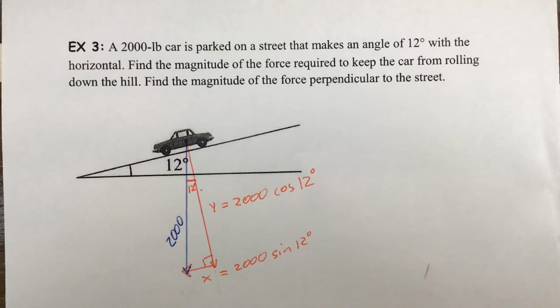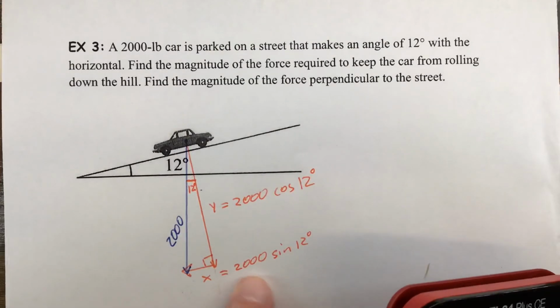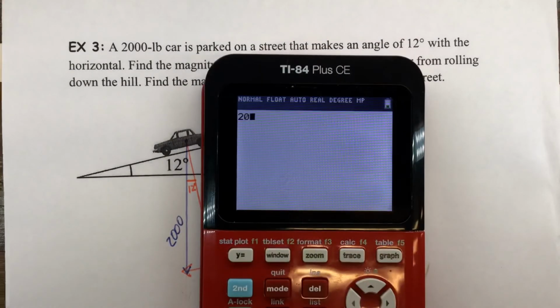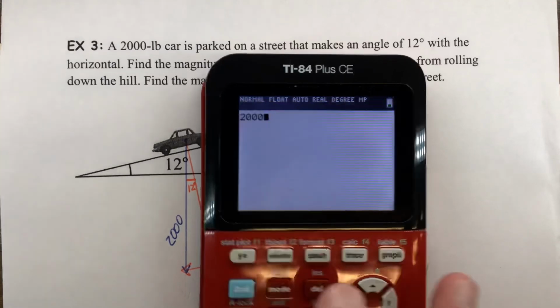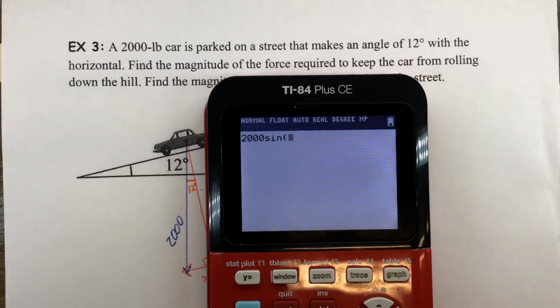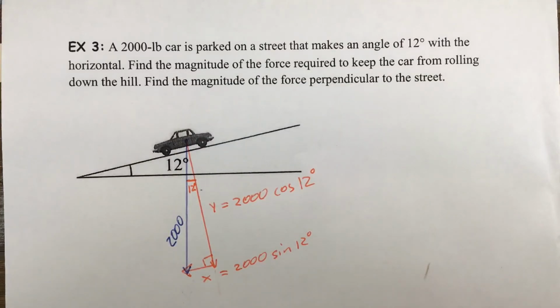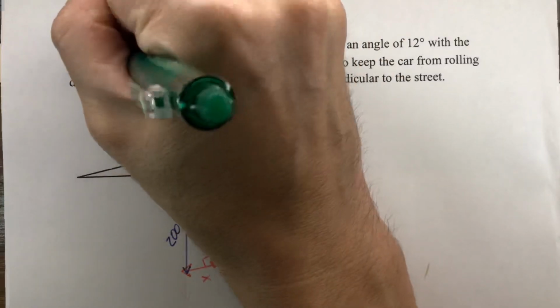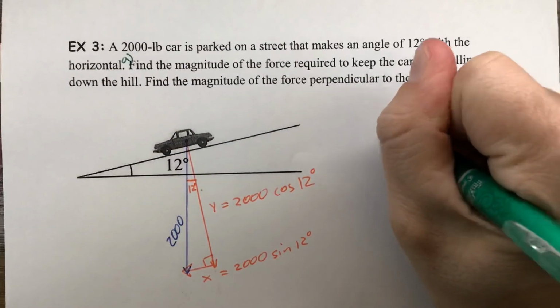Let's go ahead and type this in here. We'll start with this one. 2,000 times the sine of 12 is going to give you 415.8. And that is going to answer the first question. Let me put a little letter A there, just so we keep them organized.